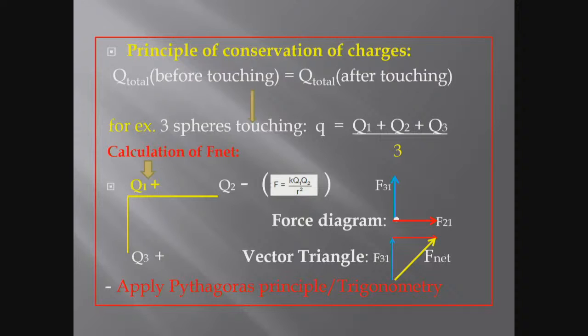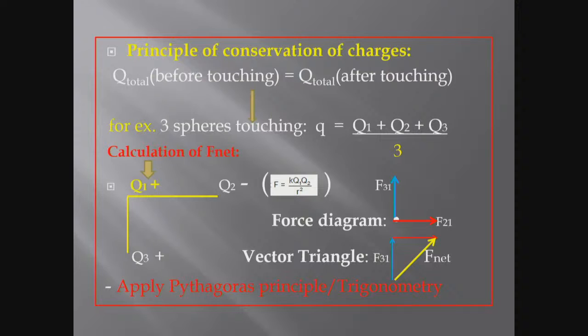Then you must use trigonometry, and you must use sine or cos, whatever values are given to you. In this instance, you will be able to use both the sine or cos function to calculate this angle here, and you can also get the direction.